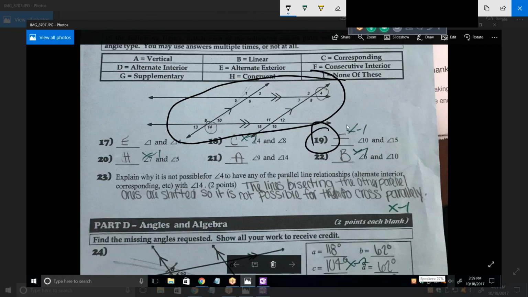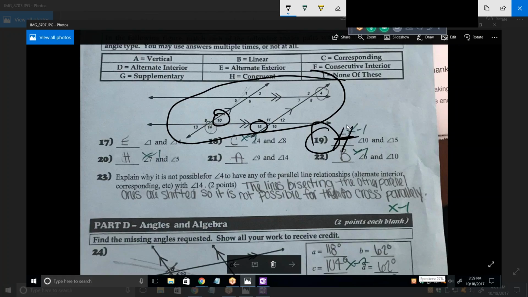In 19, angle 10 is acute and angle 15 is acute. Therefore, what must they be? They're equal, which in geometry means congruent. So that's H.